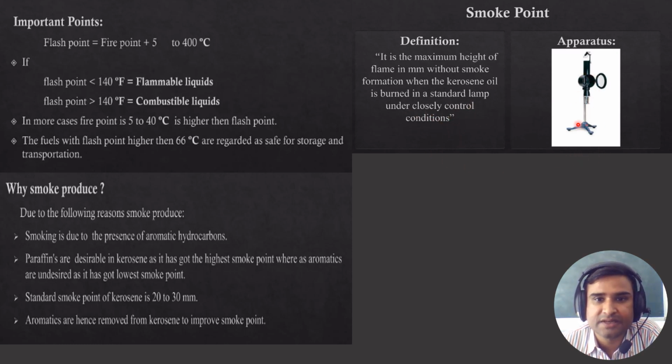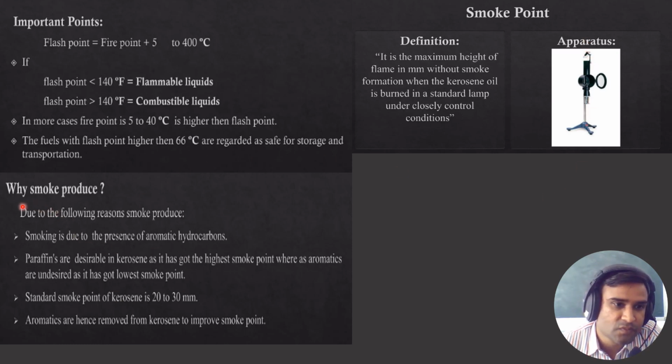So this is the apparatus in which we use kerosene fuel, it is heated, and the flame burns, and this flame height is measured when it is glowing without any smoke.